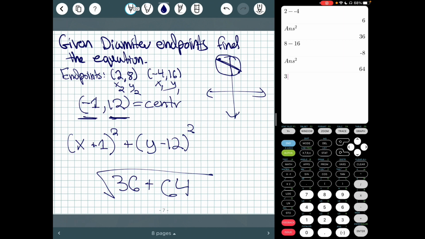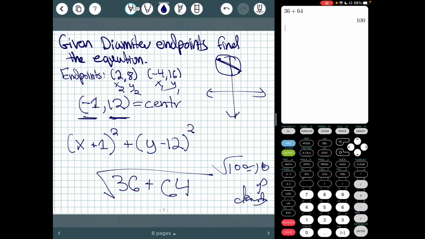So 36 plus 64 is 100, and the square root of 100 equals 10. So remember, that is our diameter.